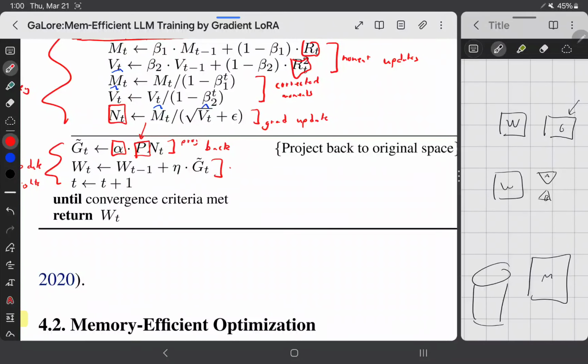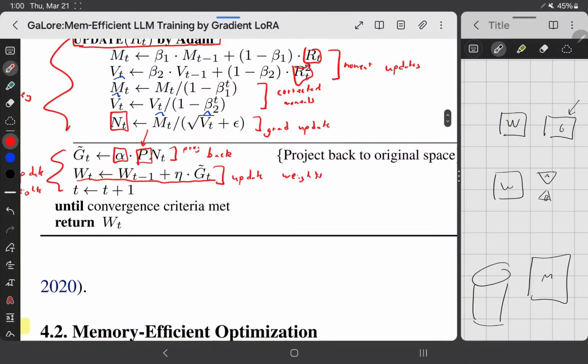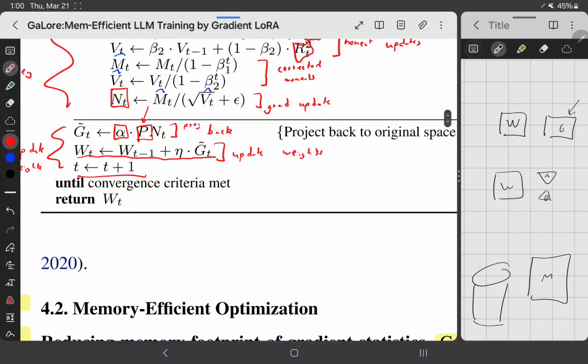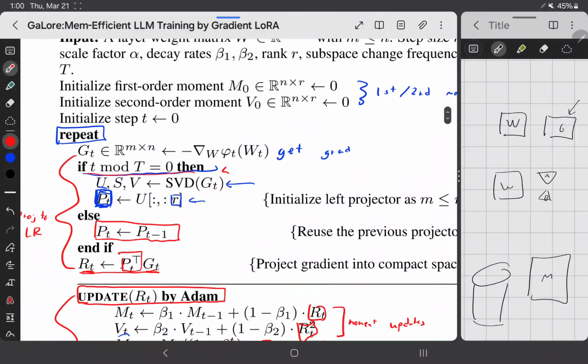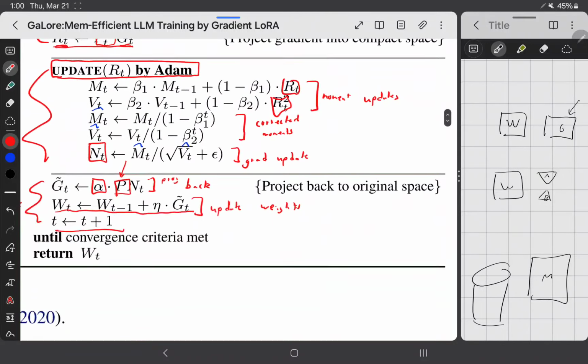So here, you update your weights using this new gradient, which was regularized in the low dimensional space and then projected back to the high dimensional space. And this is just your normal update rule here. And this is updating T, so that you know if you should update your projection or not. So that's all it is.